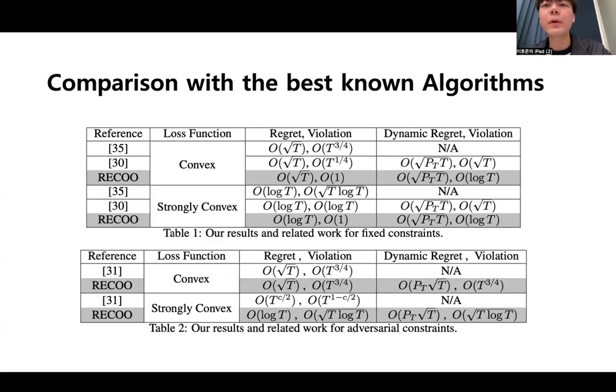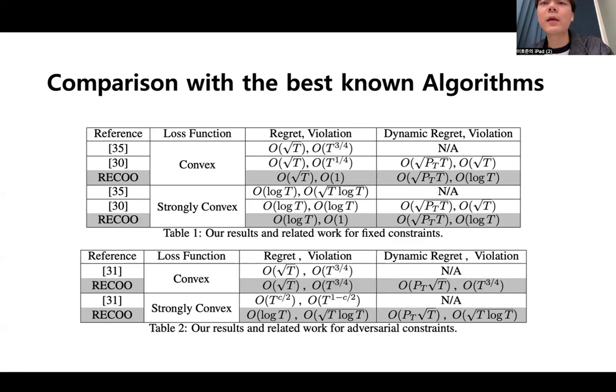This table compares the REC-OO algorithm and the best known algorithms. For the fixed constraint case, the regret scales the same as the other algorithms, but the violation is improved. For the adversarial constraint case, the regret and violation are the same as the other algorithms, but improved when we assume strong convexity.